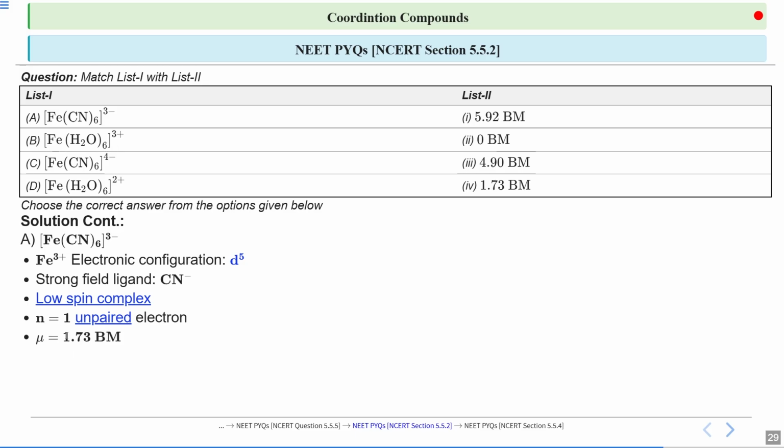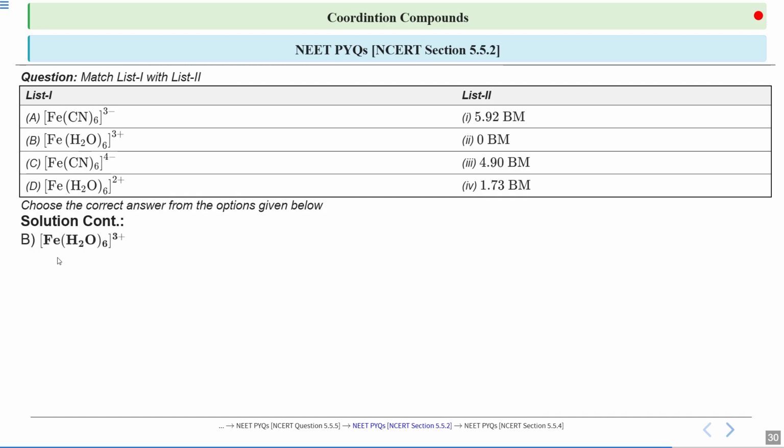So mu equals under root n(n+2); with n equals 1, that is 1 times 3, which is 3, under root 3 means 1.73 Bohr magneton. So the magnetic moment of the first complex is 1.73 Bohr magneton, which is the fourth value given in our list 2, right? So A is matching with the fourth one.